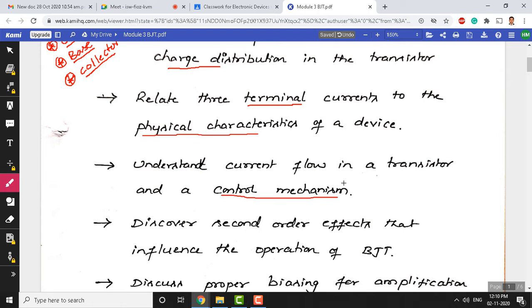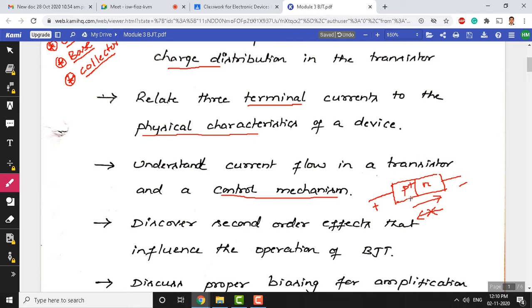A p-n junction is basically a one way device. It has p type and n type layers, p plus n, or it can be n plus p also. When you apply forward bias, current flows from p plus to n. When you apply reverse bias, there is no current flow in the reverse direction. So, it is a one way device.